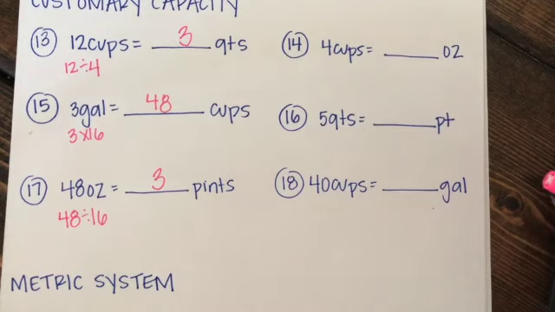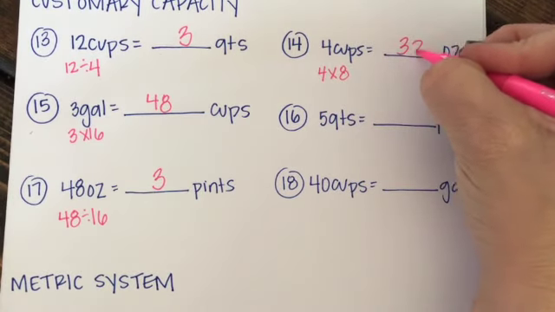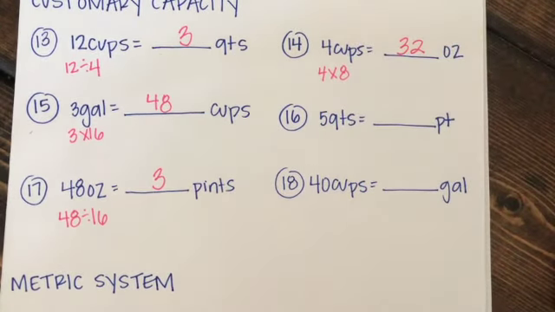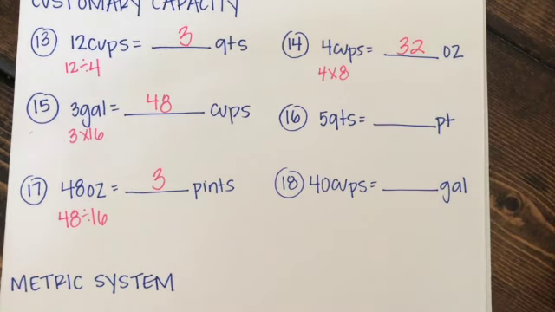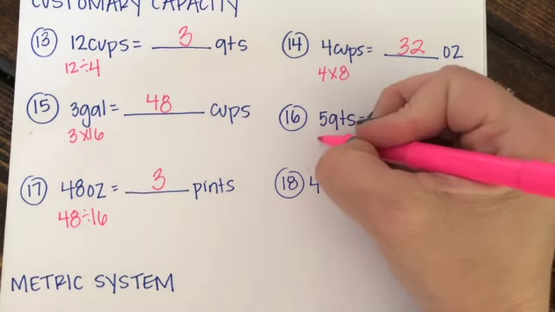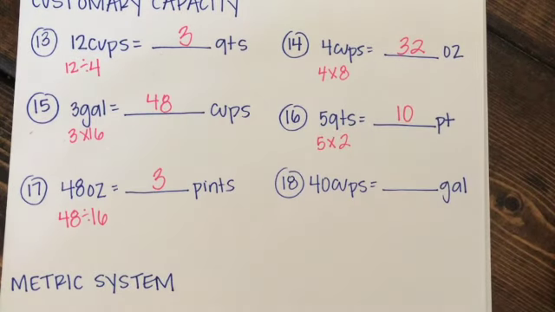Number 14, 4 cups is how many ounces? Well, every cup has 8 ounces, so 4 times 8 would be 32 ounces. Number 16, 5 quarts is how many pints? Well, 1 quart is 2 pints, so 5 times 2 would be 10 pints.